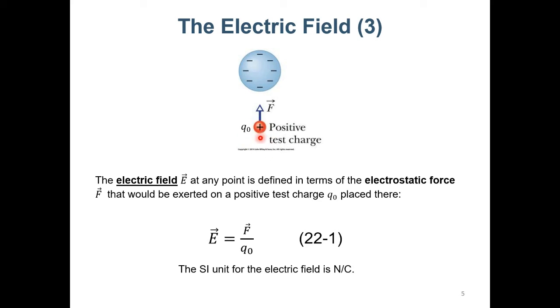If my charge is Q0 and I place it here, there should be some variable that doesn't change. If my Q0 becomes 2Q0, then the force may vary with this one. But actually, the electric field doesn't really change according to my charge. So this is called a test charge.